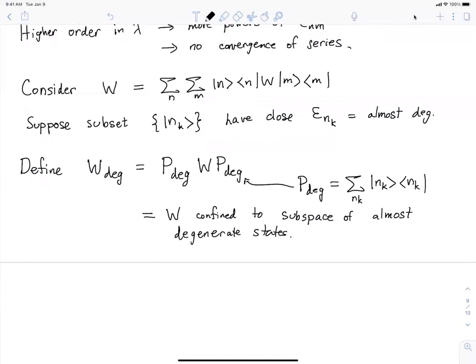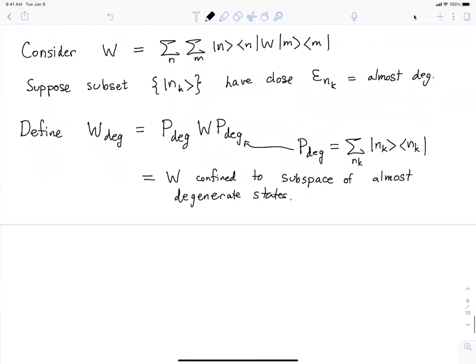Okay, so now the idea is to redivide our Hamiltonian into a different unperturbed and perturbed part. We're going to redivide the Hamiltonian into what we're going to call H0 prime plus W prime.